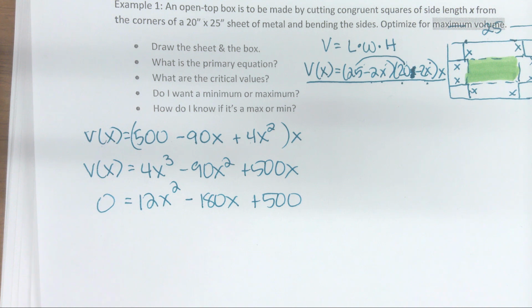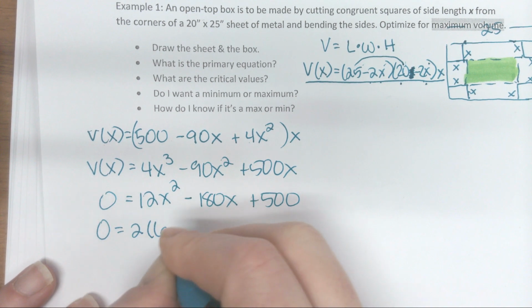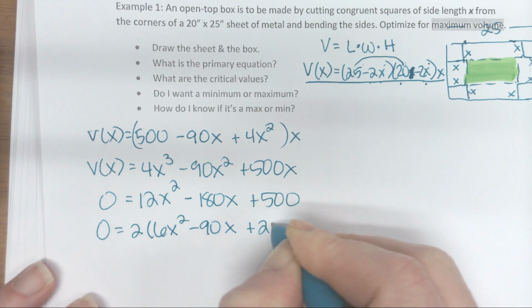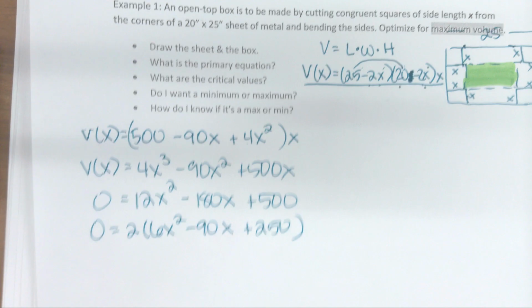I don't think 6 goes, well, no, it doesn't go into 500. All right. So if you wanted to, we could do this and just at least have some smaller numbers to deal with. But we are going to have to find the 0 of this by using quad formula.